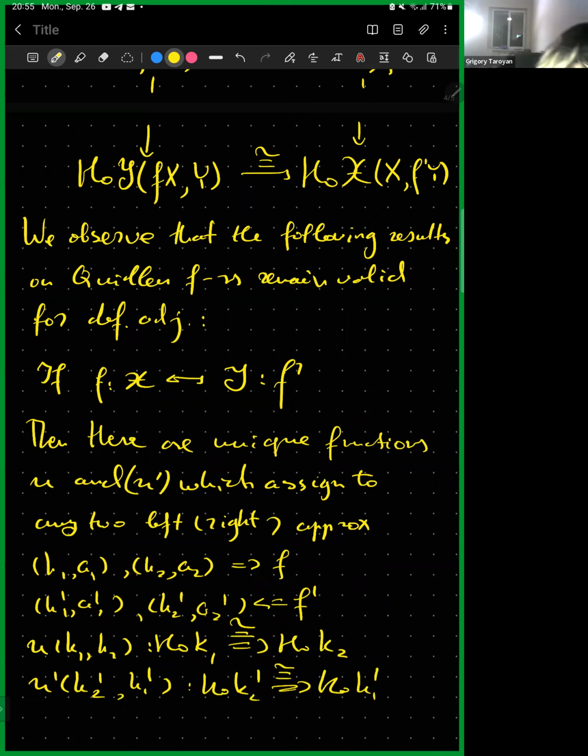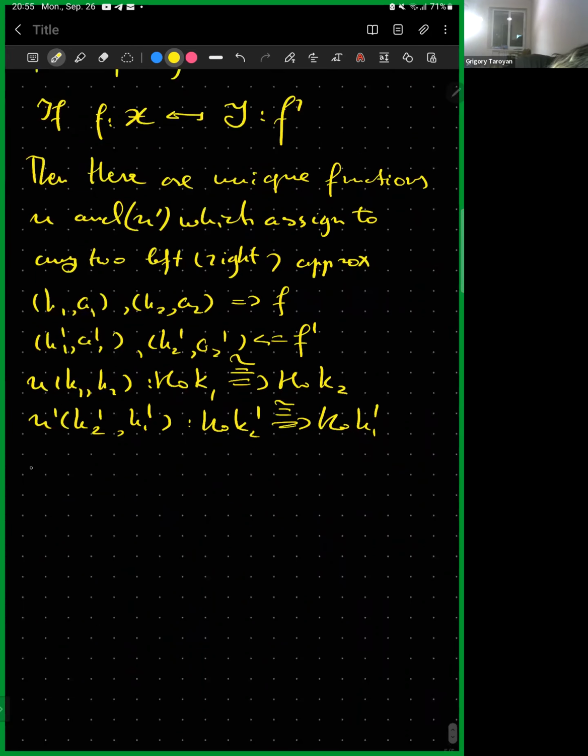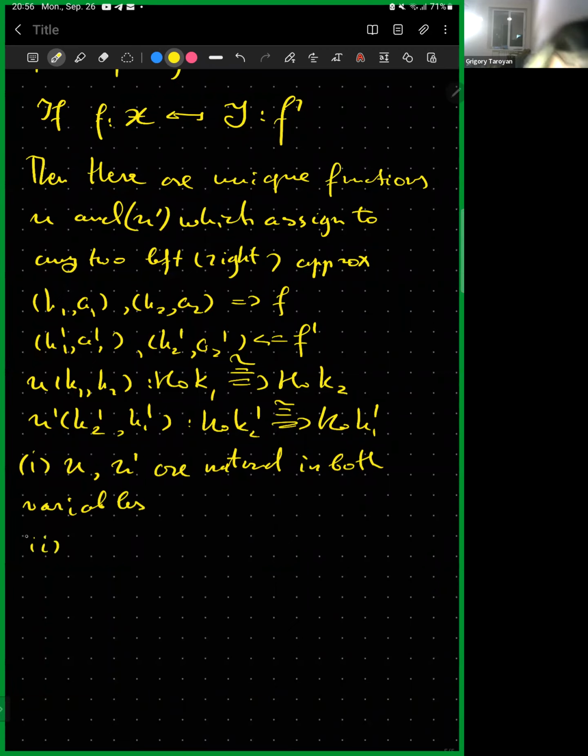With the properties that, first, U and U prime are natural in both variables. And second, that they respect the morphisms in the over category of the functors F and F prime respectively.